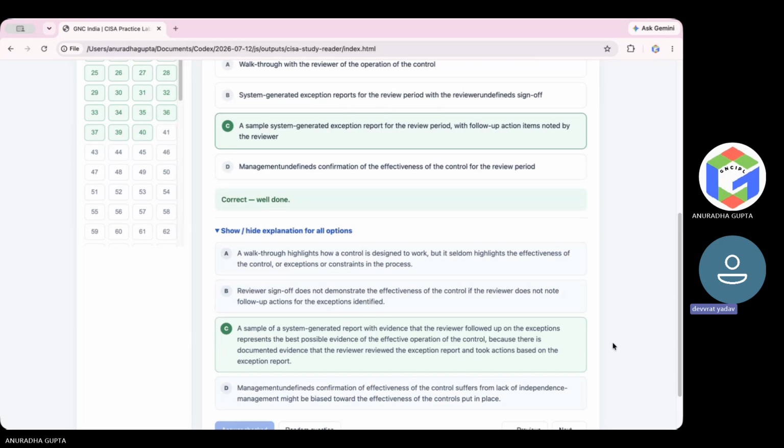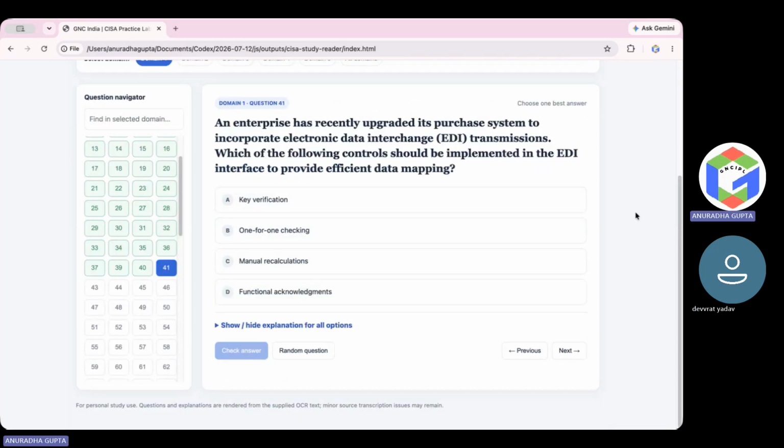Okay, let's move on to the next question. An enterprise recently updated its purchase system to incorporate electronic data interchange transmission.